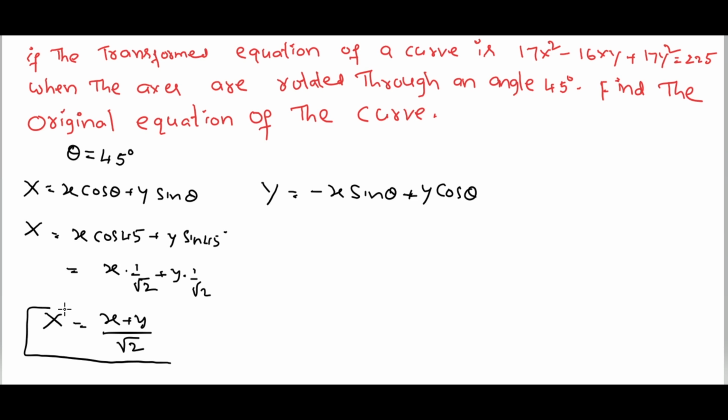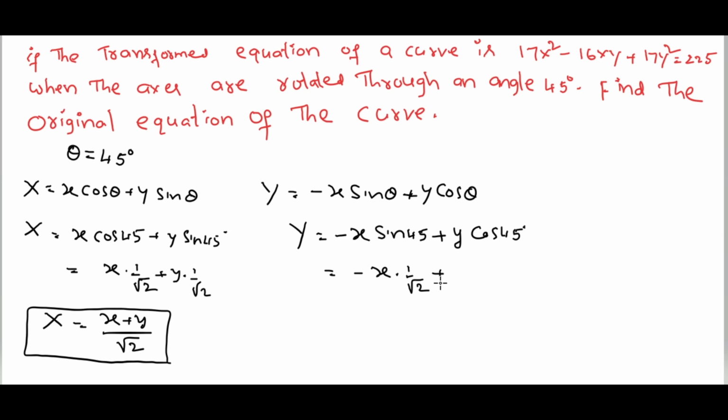This is the capital Y value, and capital Y is equal to minus x sin 45 plus small y cos 45 degrees. So minus x into sin 45, 1 by root 2, plus small y into cos 45, 1 by root 2.